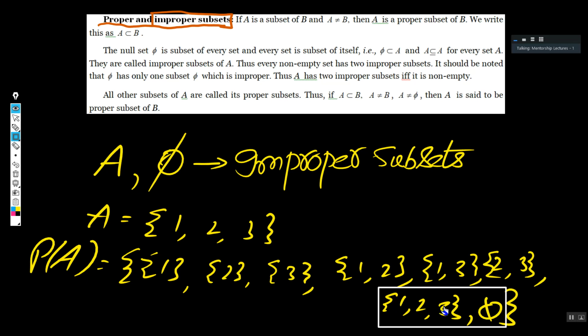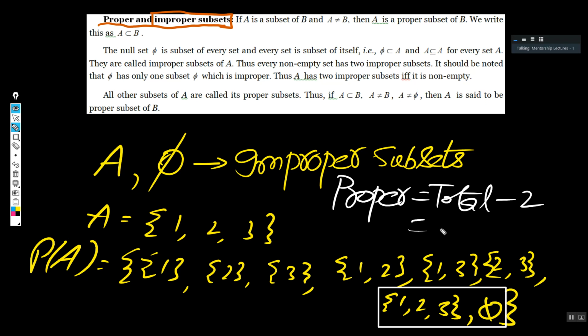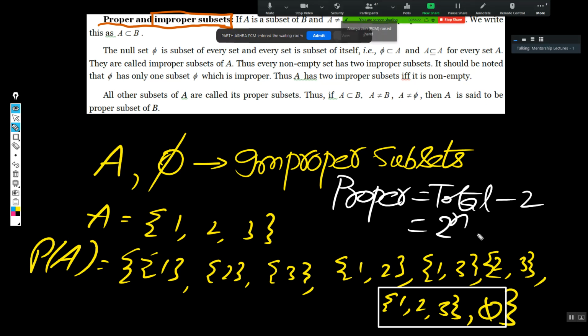So to get proper subsets, you must write total minus improper. If you want proper subsets now, proper subsets is equal to total minus 2. Total is 2 power n, minus 2. Minus 2 is improper.